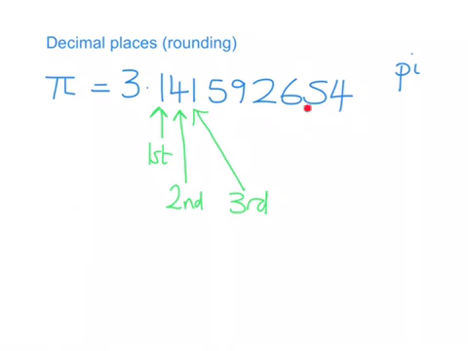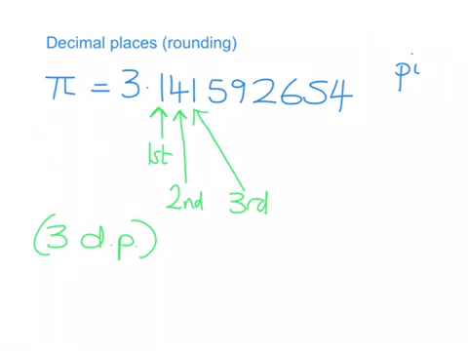So I don't necessarily need all of that detail, but if I am rounding to 3 decimal places, so if I put 3DP for short, that's standing for 3 decimal places, I must look at this next number. I must look at the 4th decimal place. In this case, it's a 5. We know from rounding that 5 is strong enough to round my number up.